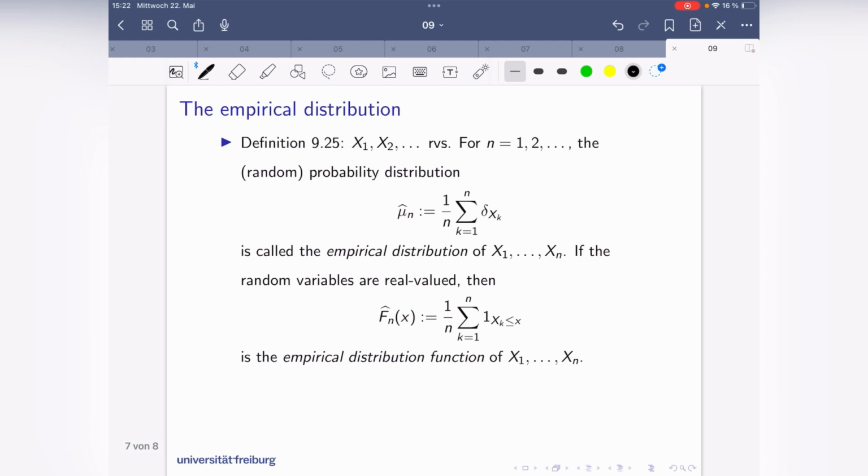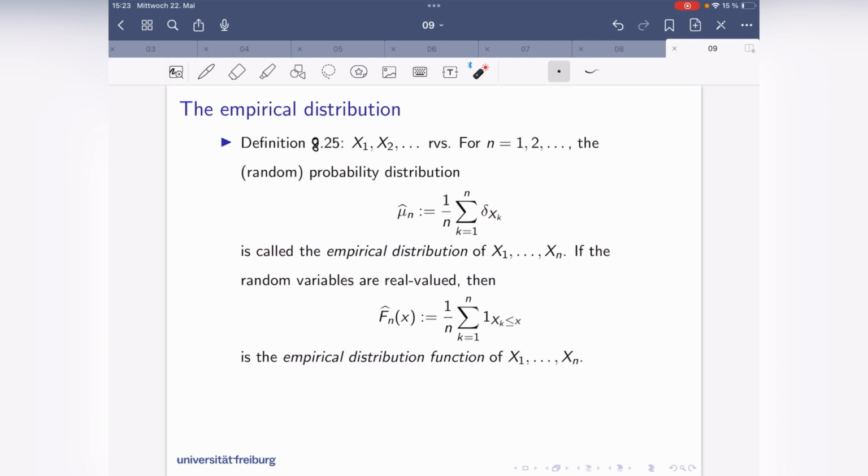Just as an application, let us study convergence of the so-called empirical distributions. What's the empirical distribution? We have random variables, real valued, or maybe they don't really have to be real valued, but nevertheless. When I have these, I can make a probability distribution out of them.